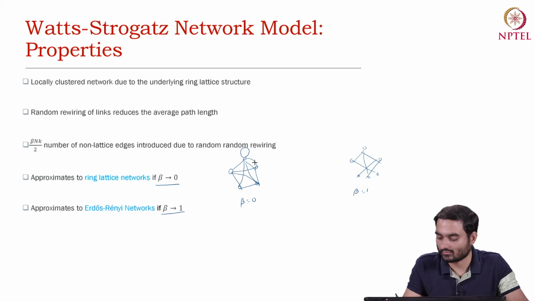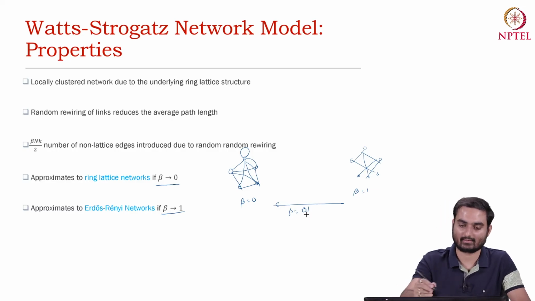So let's try to understand what happens in between these two: beta equals 0, say beta equals 0.01, how does the graph look? We will analyze this now.